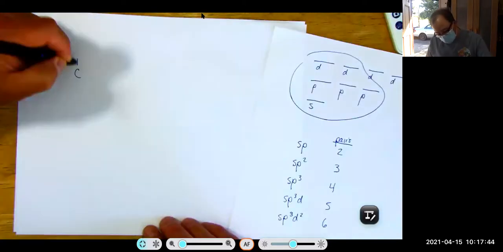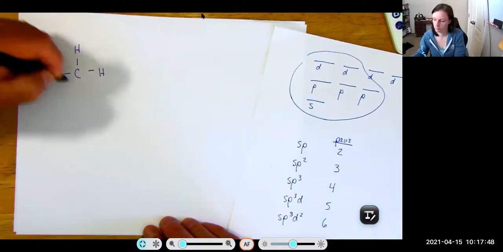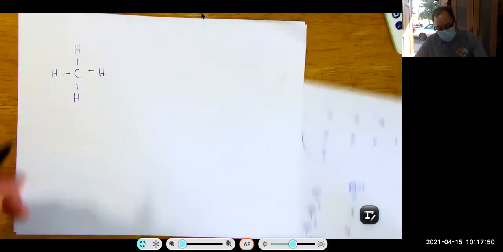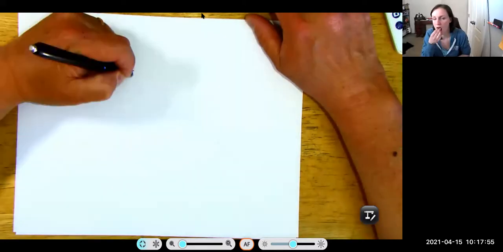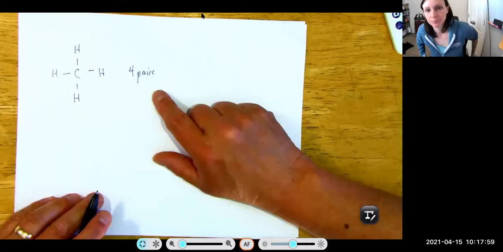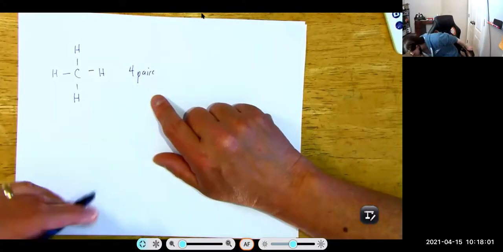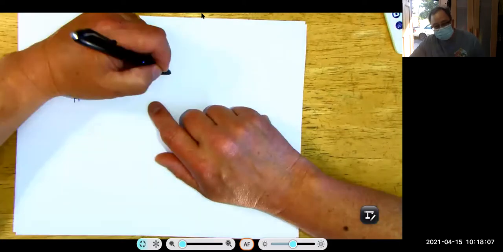So if you had this, how many pairs? 4. And sometimes I get to the hybridization this way, 4 pairs, right? Out of all the orbitals, which is the most stable, S, P, or D? S. So there's one of them.